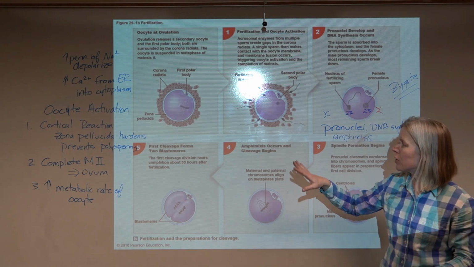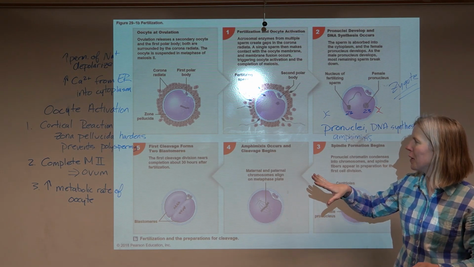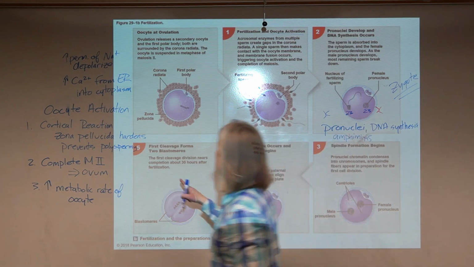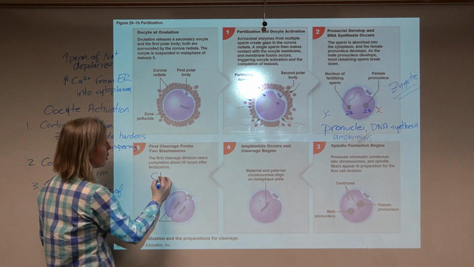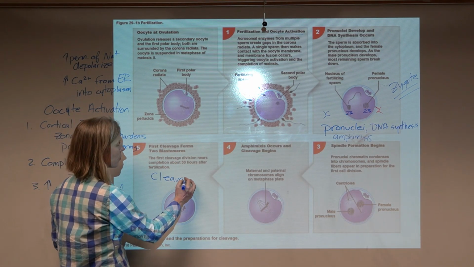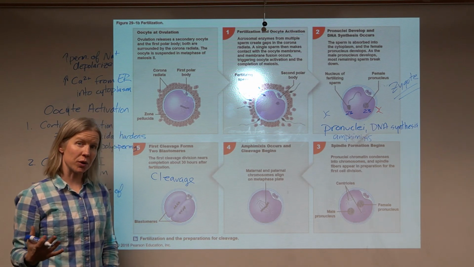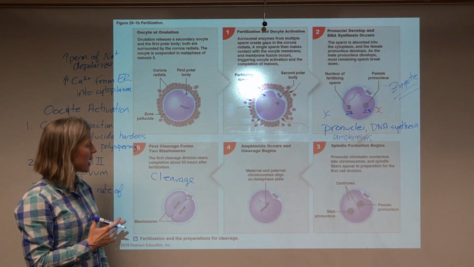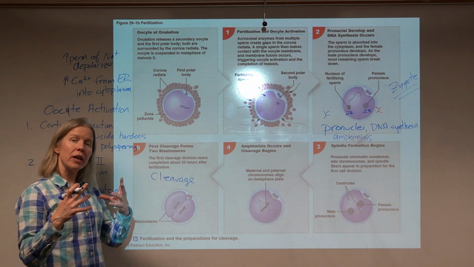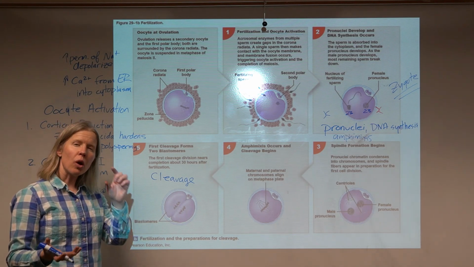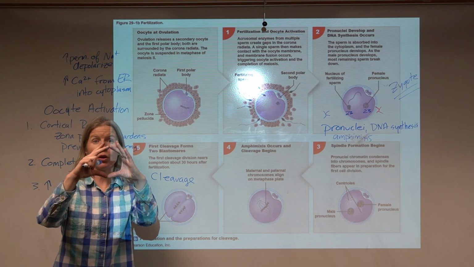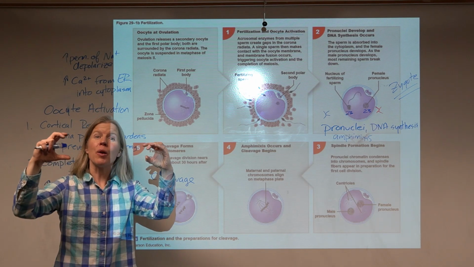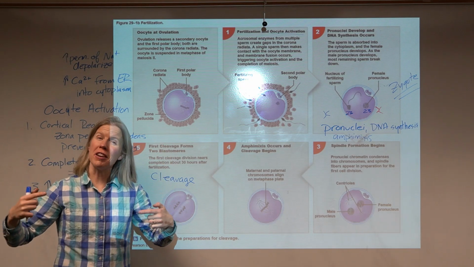From there, we're going to start an awful lot of division taking place, but what you'll notice is they call it cleavage, right? It is mitosis, we're getting mitotic division, but what's going to take place here is no intervening cell growth. So normally when we talk about mitosis, if you took a cell and split it in half, the daughter cells would be smaller, they would regrow before they divide again.